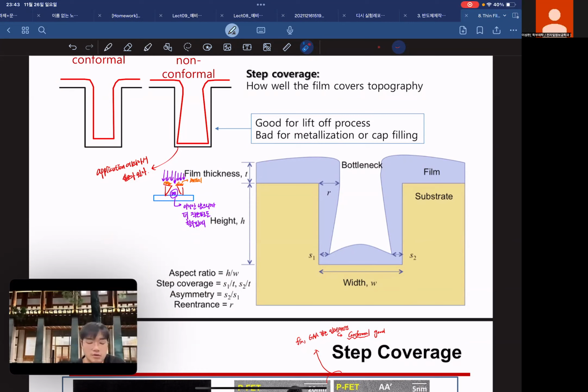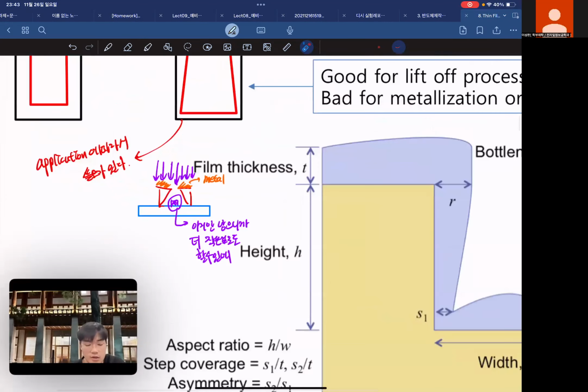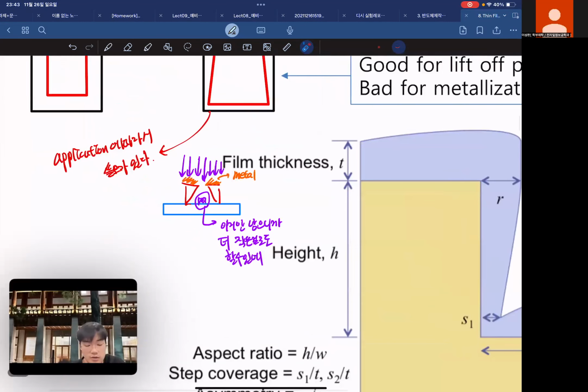For example, with non-conformal step coverage, on a plate we deposit the non-conformal film, and we can see the metal and deposit what we need into the surface.